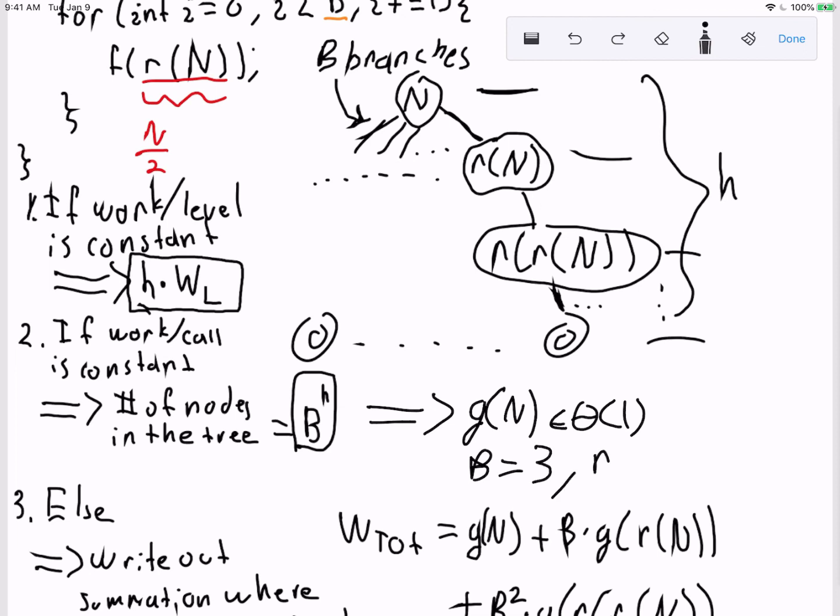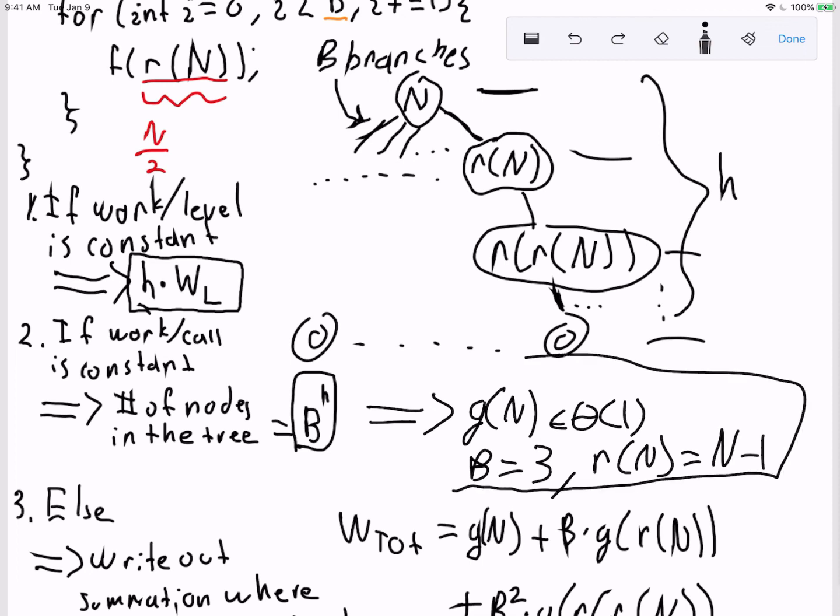And then r, let's just say n minus 1. Try these, and then you should be able to apply number 2 out there. And then you can take what we've covered here and apply it to any kind of recursive problem you see.